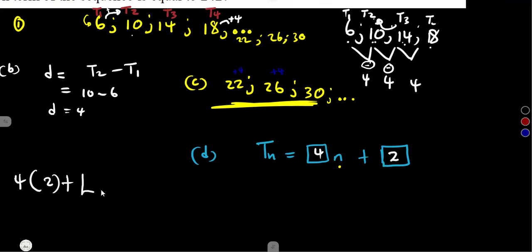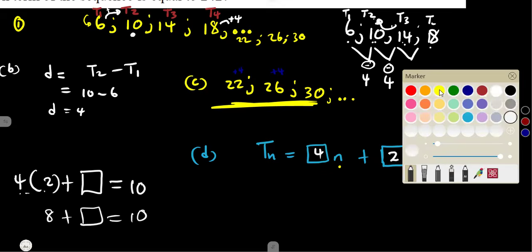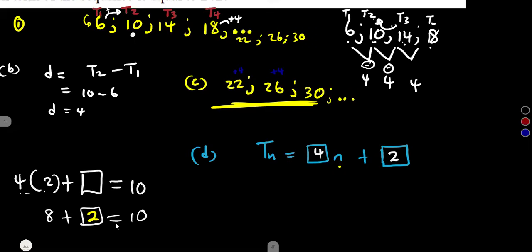What must we add to give the number in that second position? The number there is 10. 4 times 2 is 8, plus what to get 10? That's a 2. 8 plus 2 is 10. So as you can see, the number to be added is a 2.